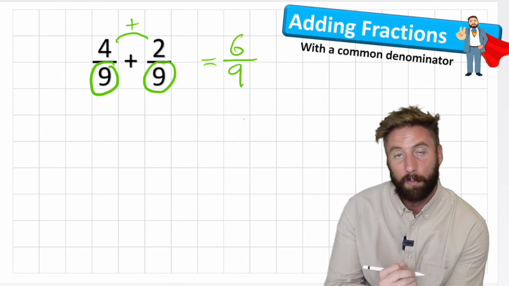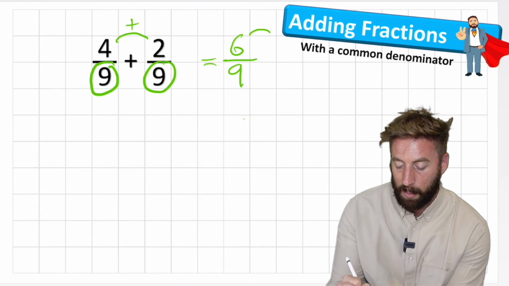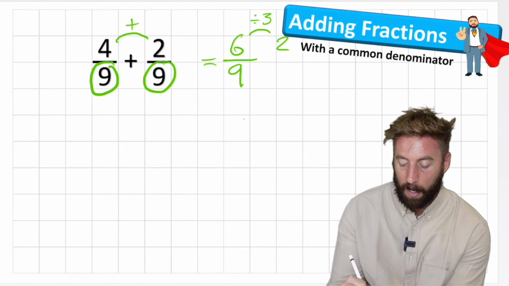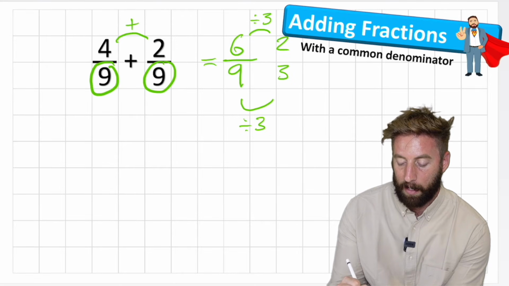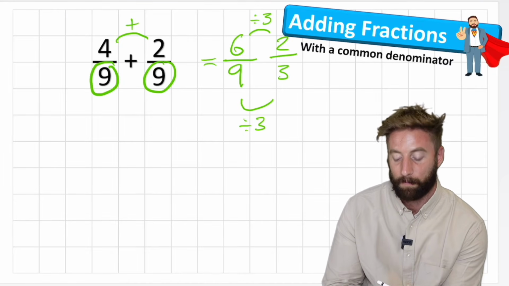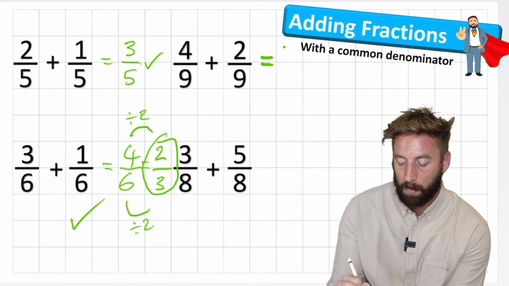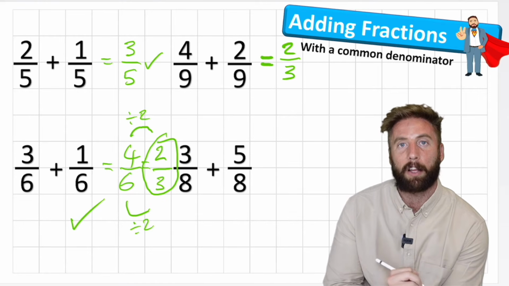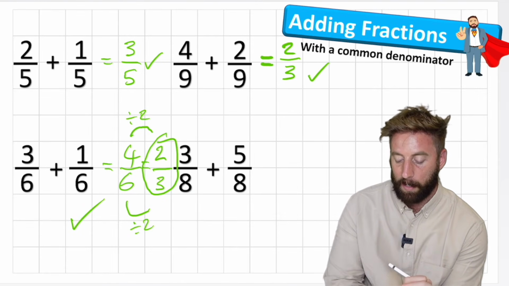Well done, I have 3. I can divide 6 by 3, leaving me 2, and I can divide 9 by 3, leaving me 3. So 4/9 plus 2/9 equals 2/3. I can put that into my answer box and give myself another tick.